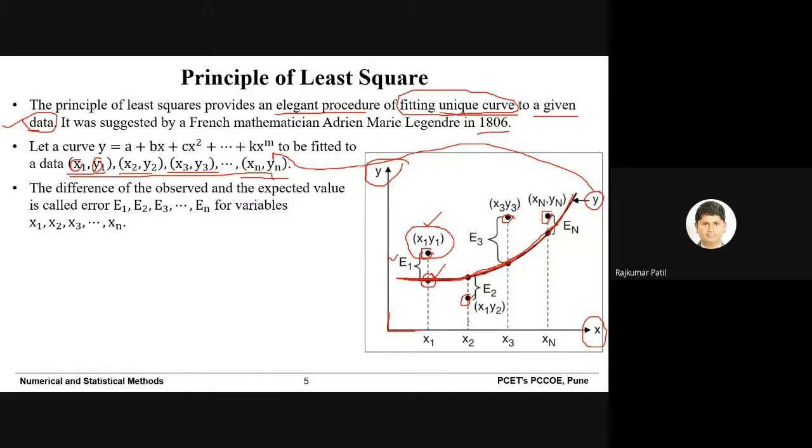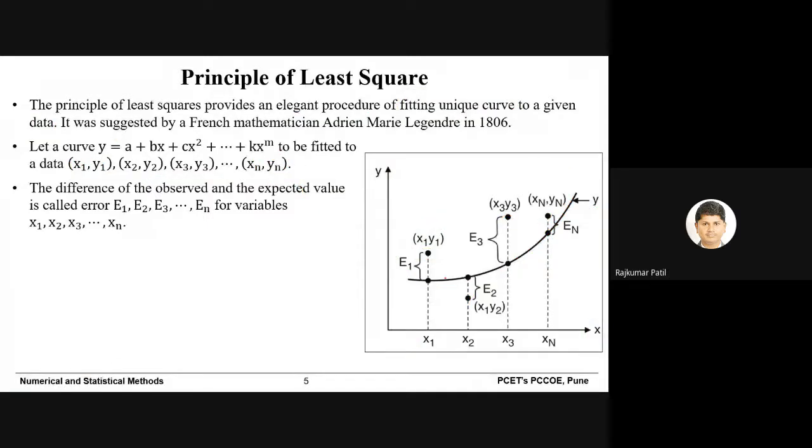Why am I telling this? Because after getting that equation, when you put suppose x1 into that equation, in this equation put x is equal to x1, then which point will the equation give you? The equation will give you this point, that is value of y1 corresponding to x1, and this y1 is based on your equation.